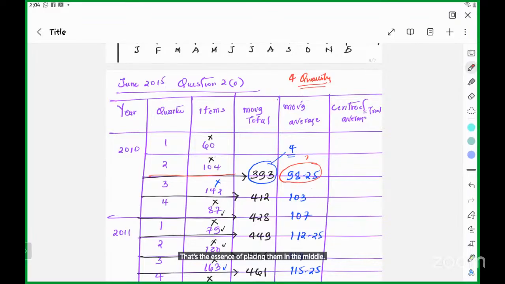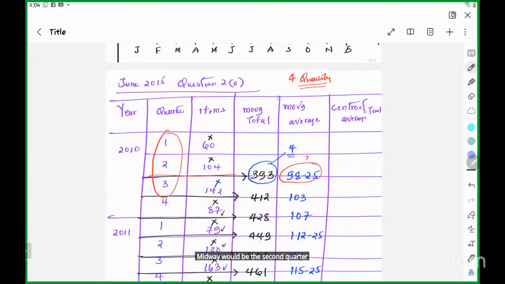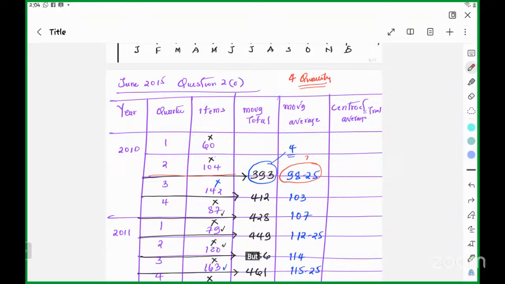But if it were odd data, if we are adding in threes, midway would be the second quarter. Are you getting me? So when you have even data, you put it by the borderline. That's what we did. What some people do, they leave a line in between. But we need to center it. That is the essence of centering.